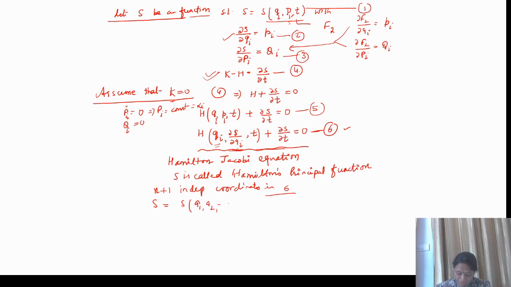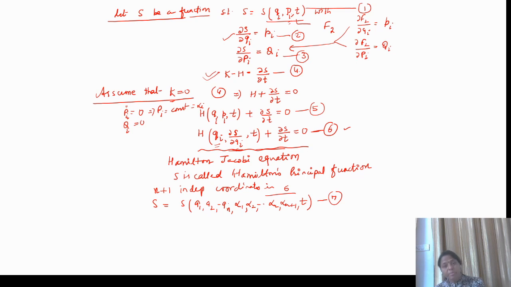So finally, what is your S? S is a function of Q1, Q2 to Qn. Suppose alpha 1, alpha 2, alpha n and alpha n plus 1 are the n plus 1 constants of integration. Now, here is one interesting fact that you see in equation 6: S is appearing through its derivatives.